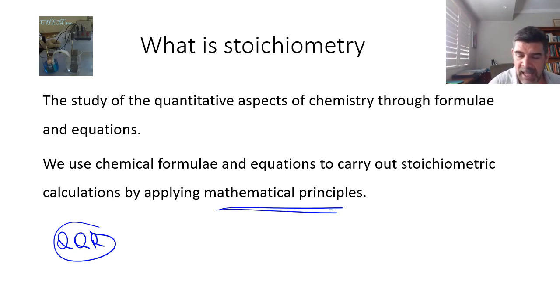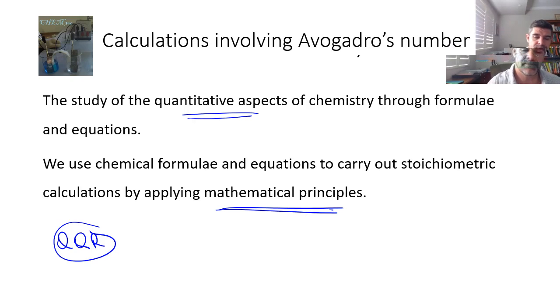So we're really looking at studying the quantitative aspects of chemistry through our writing of balanced chemical formulae and equations. And when we apply these mathematical principles to these chemical reactions, then we're using stoichiometry.